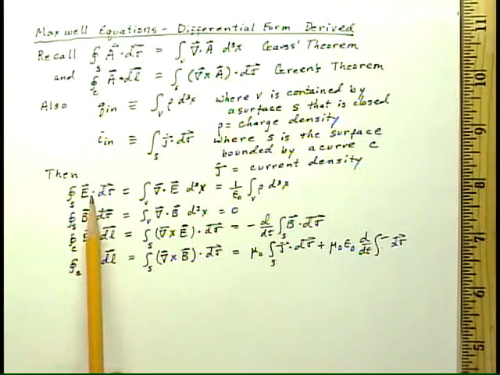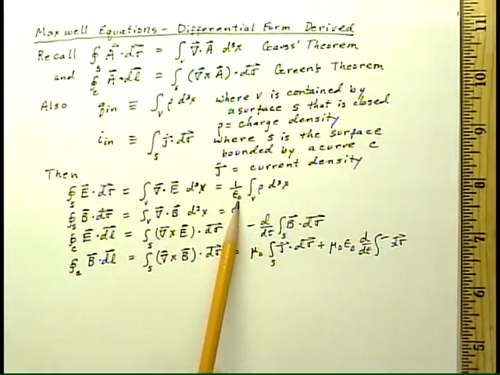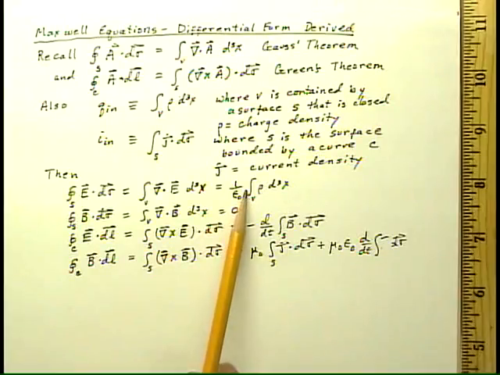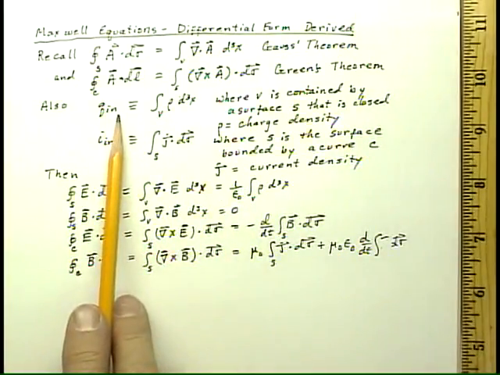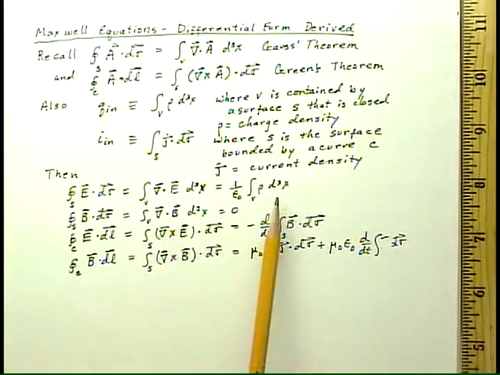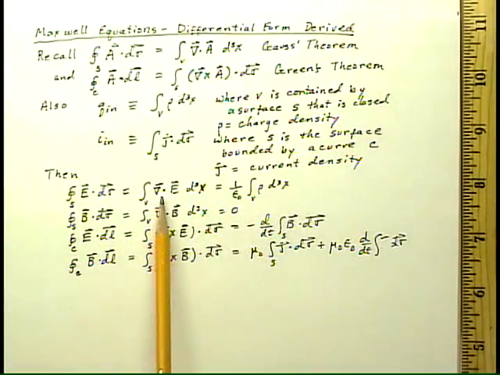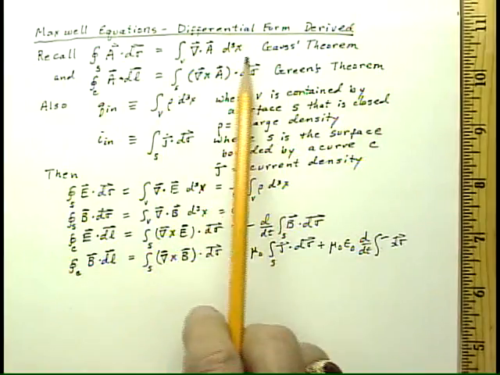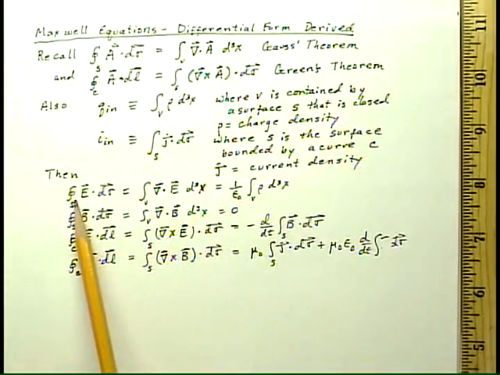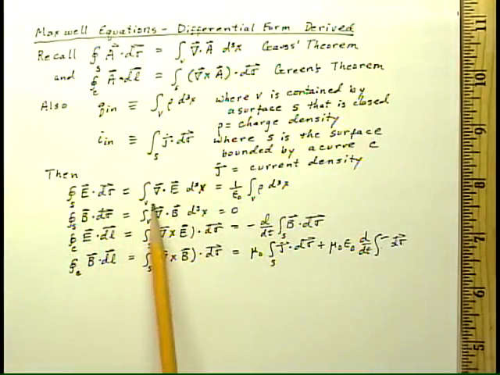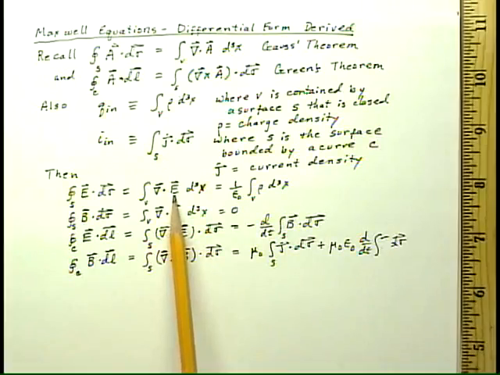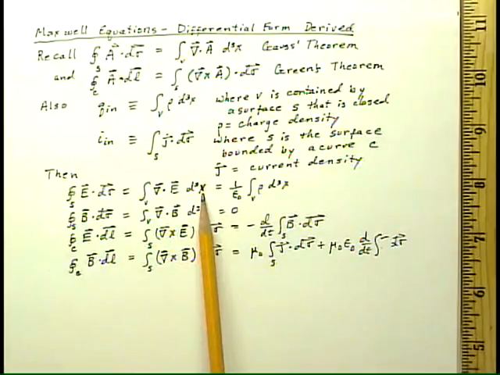So we have taken this equation and rewritten it as 1 over epsilon naught, and rather than the charge inside, we have used this equation for the charge inside. We've also used Gauss's theorem to rewrite this integral of E dot d sigma as the integral over a volume of the divergence of the electric field.